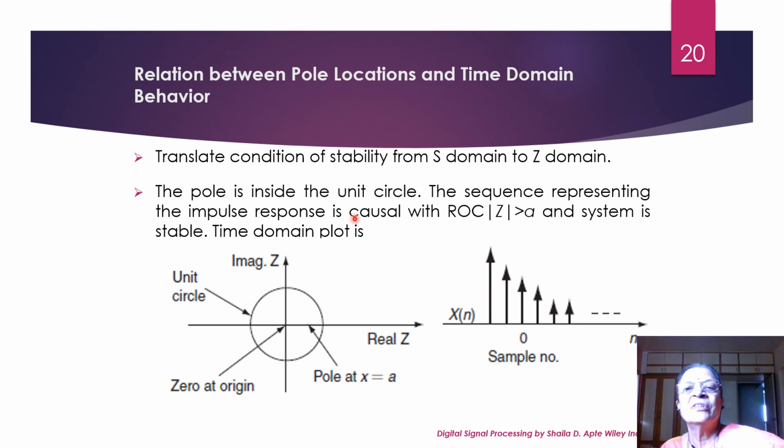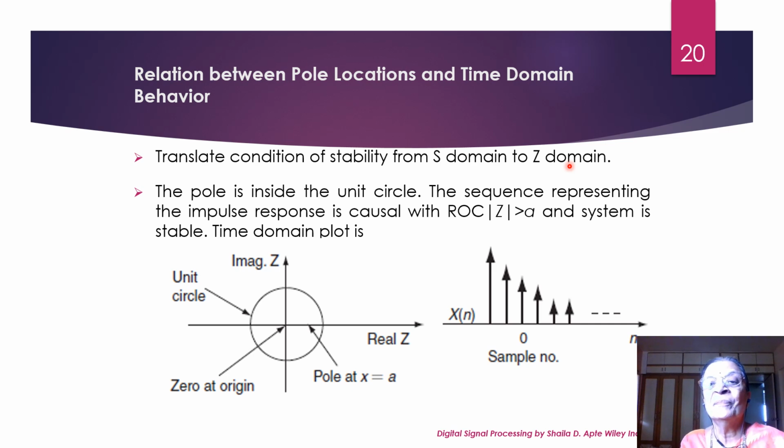Next, let us try to understand how the time domain behavior will be if we know the pole locations. So, what is the relation between pole location and the time domain behavior? Translate the condition of stability from S domain to Z domain.